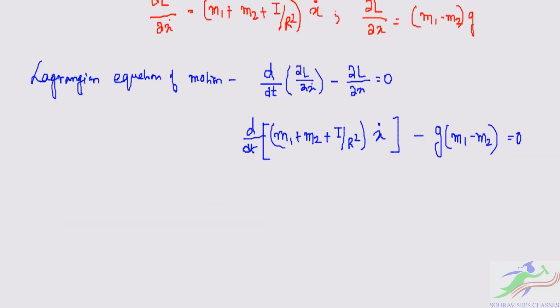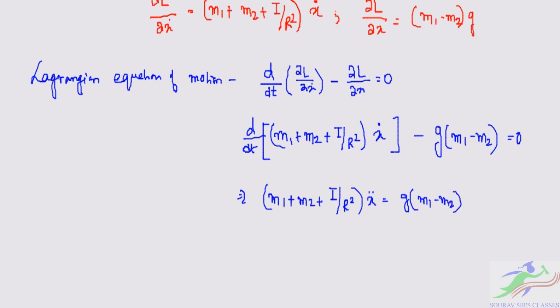Now d by dt of (m1 plus m2 plus I by r square) x dot can be written simply as (m1 plus m2 plus I by r square) x double dot equal to g (m1 minus m2).